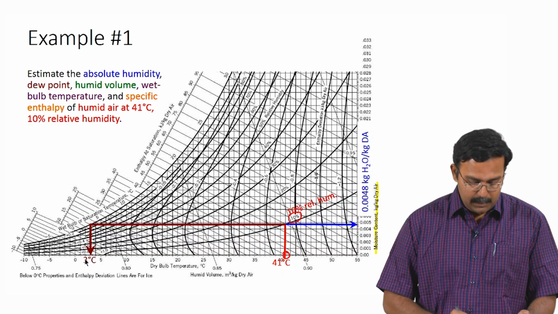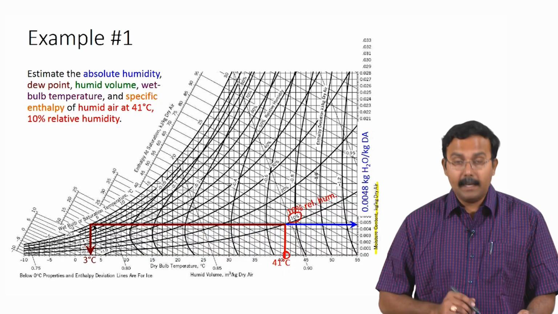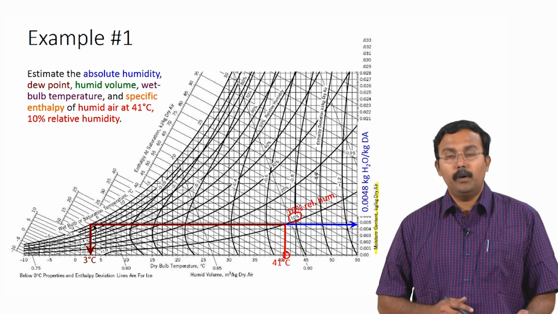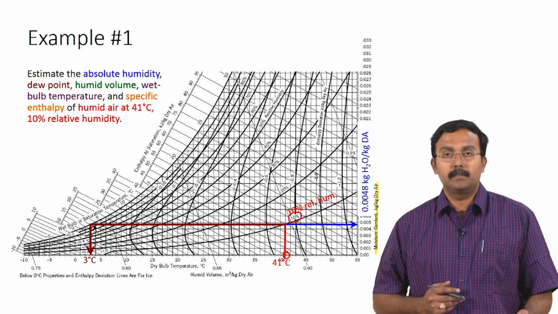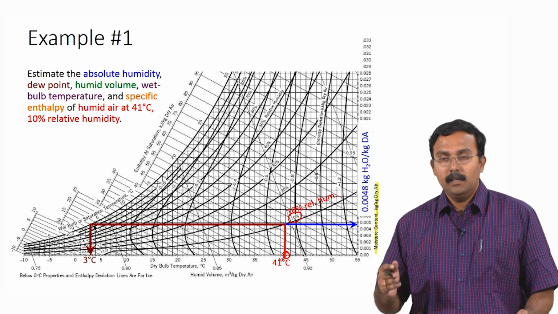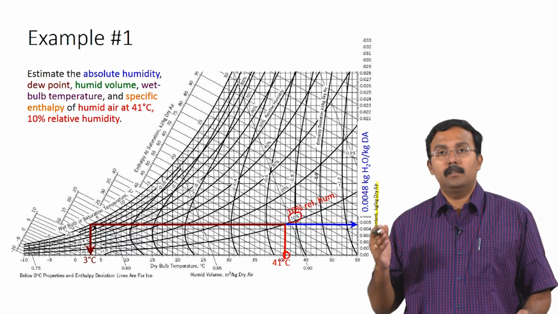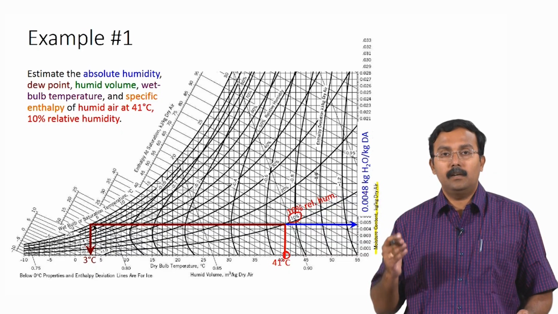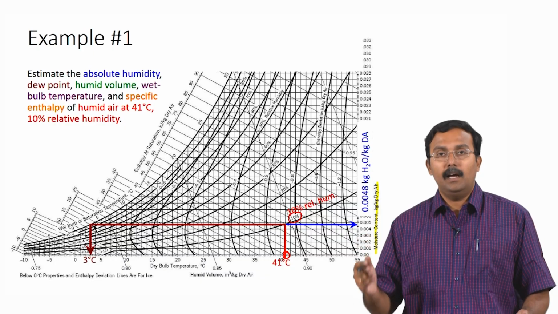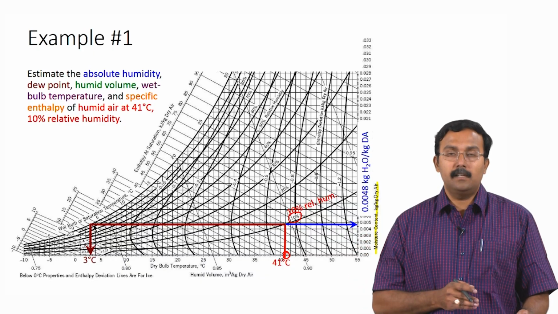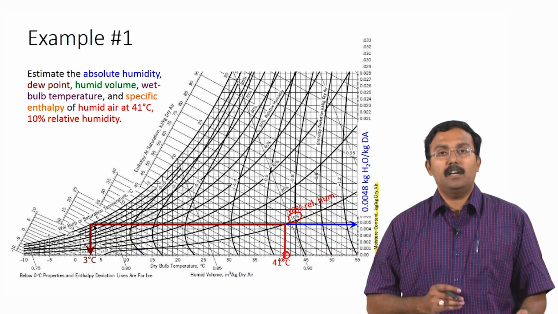That would be the dew point for this particular mixture. As you see, you have to cool the 41 degrees Celsius, 10% relative humidity air all the way to 3 degrees Celsius for the first dew to start forming.